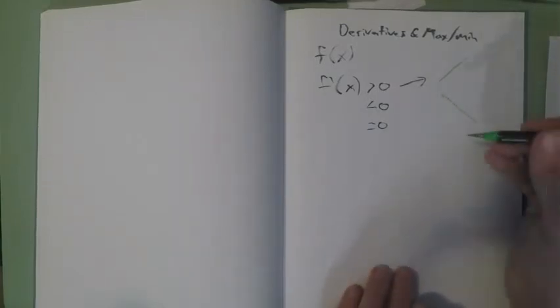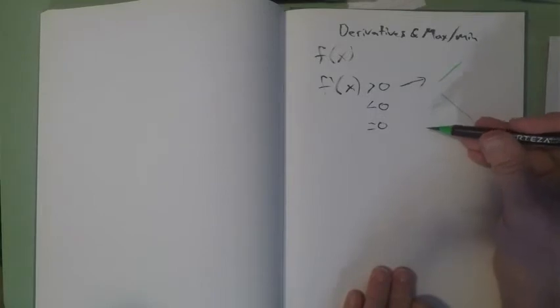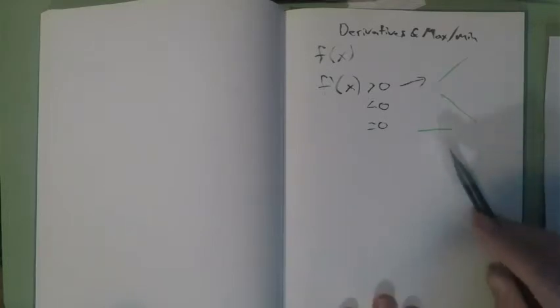As we increase x, this tells us that our output is getting bigger. If we have a negative value, it means we're looking at a downward sloping function, and if the slope is 0, then at least around the particular value of x we're thinking about, we have a slope that is flat, and that means that we must be at some point that's going to be interesting.